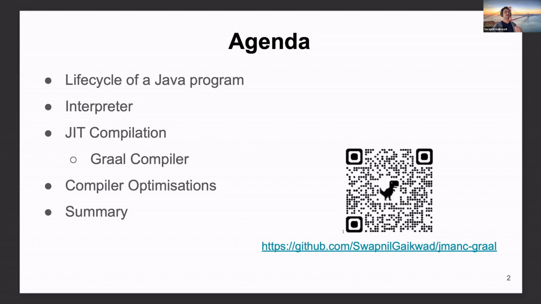So we'll see what it is, how to see what the interpreter executes, how fast it goes, how slow it goes, why is it so. Then we'll look at the compilation. So when a method gets called over and over again, it gets compiled. So we'll see that part, and we'll see the actual assembly for our method. We will also modify our example a bit later, and then we'll see how a compiler optimization would optimize code, and we'll see the assembly for that as well.